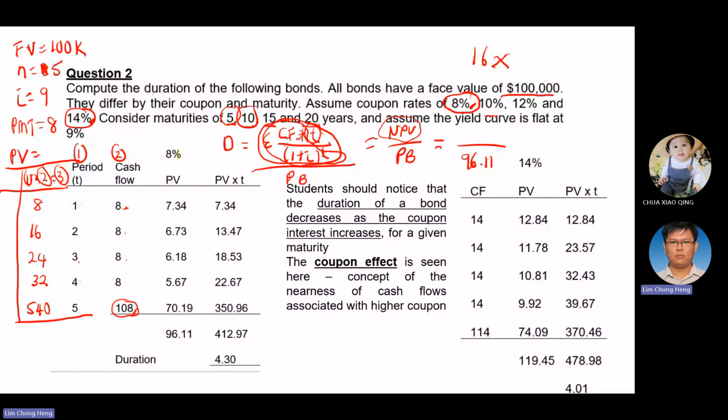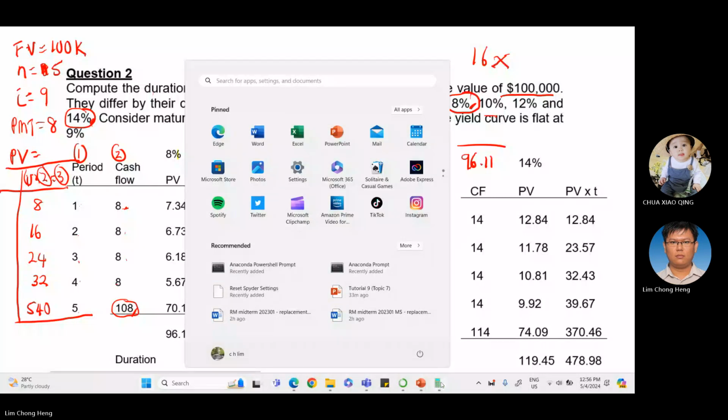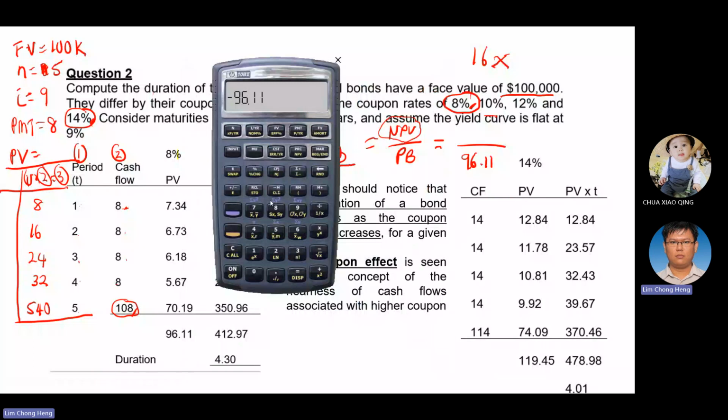Okay, now we want to find the MPV. We use the calculator with the CFj function. I have the CFj here. CFj, the cash flow function in your calculator. Okay, my version is the old version.